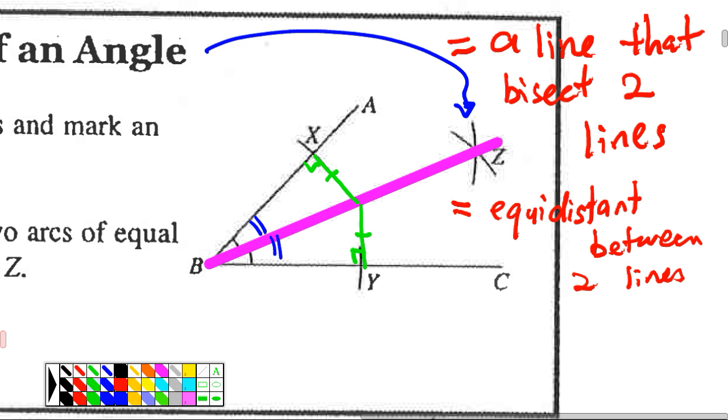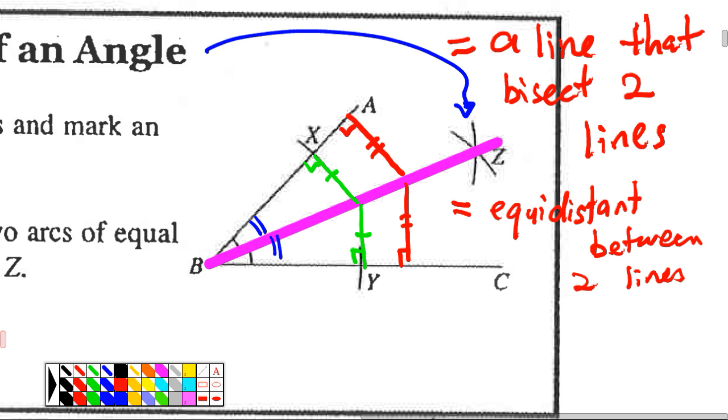Let's say I draw one more here. This perpendicular distance is the same as this perpendicular distance. So this pink line will cut these two lines into equal distance. Where are the equal distances? The green and the green. The red and the red. Understand what it means now?